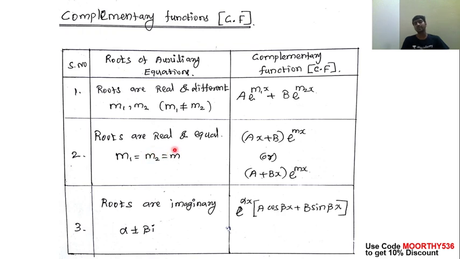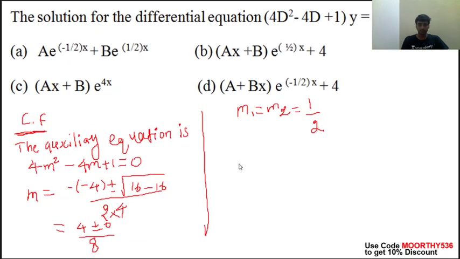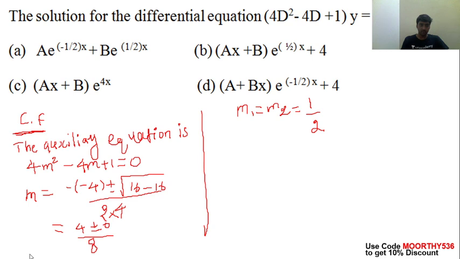Here, for the given question, m = 1/2. So the complementary function is CF = (Ax + B) e^(mx) = (Ax + B) e^(x/2).